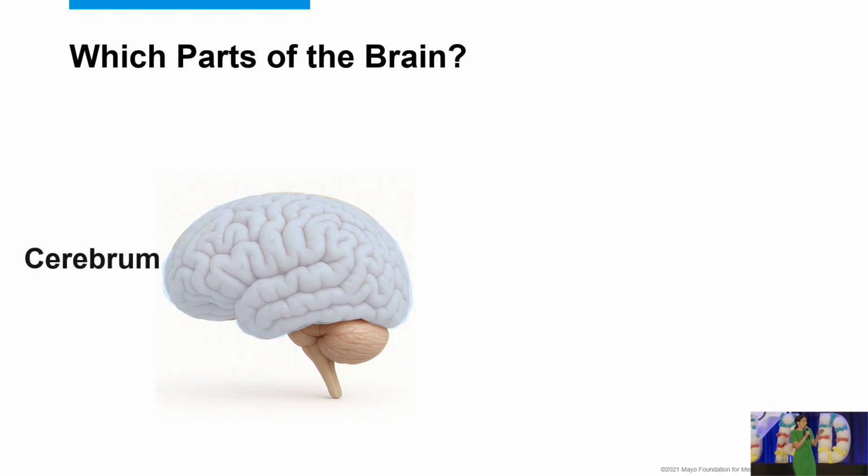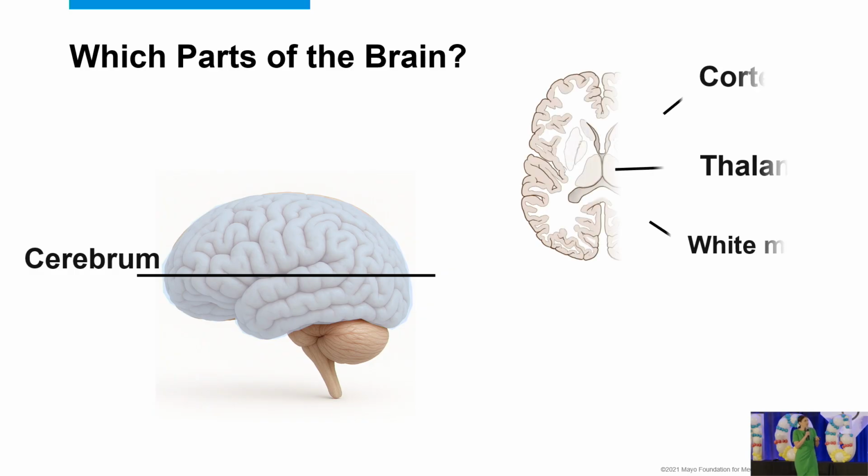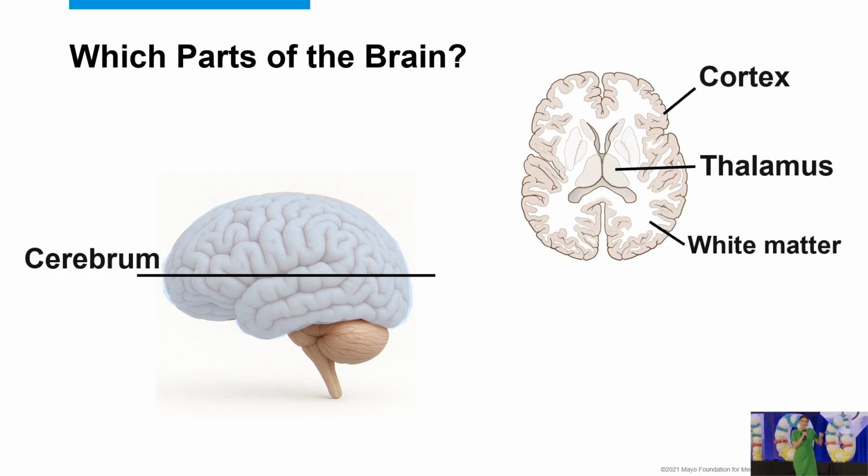The cerebrum represents the majority of the brain, and you see that highlighted in light blue here. If you imagine cutting this brain and looking from above, this is what we actually see. This is a transverse cut of the brain, which is very similar to what we observe with the MRI.